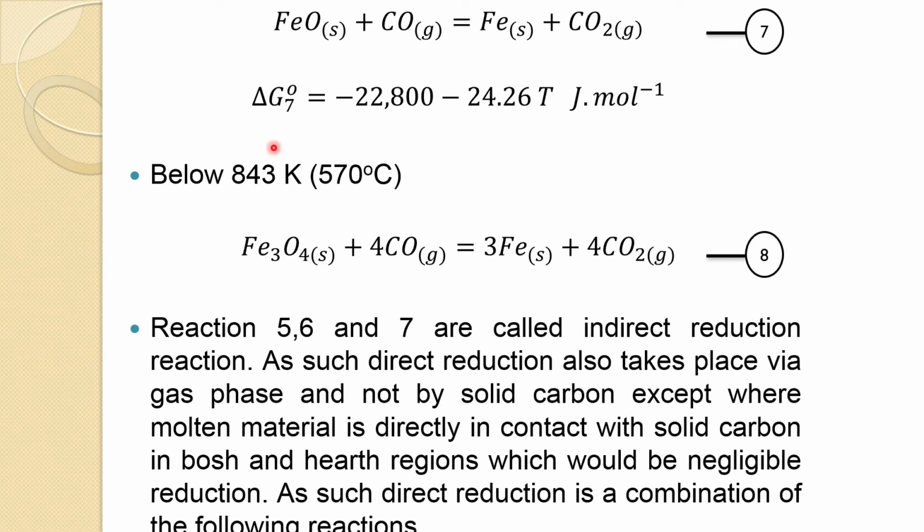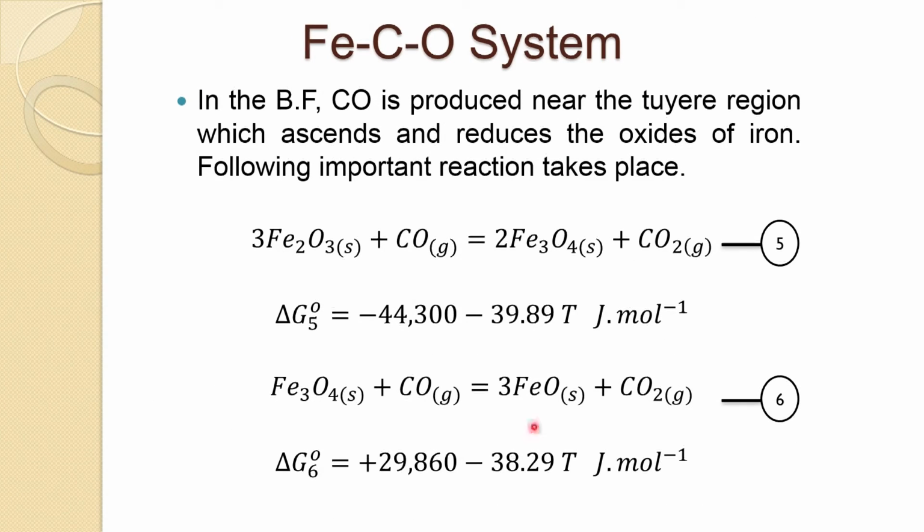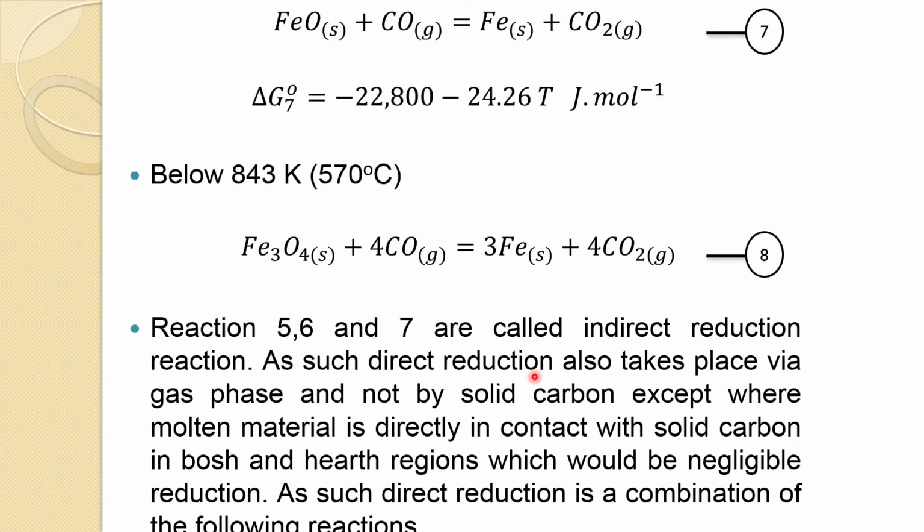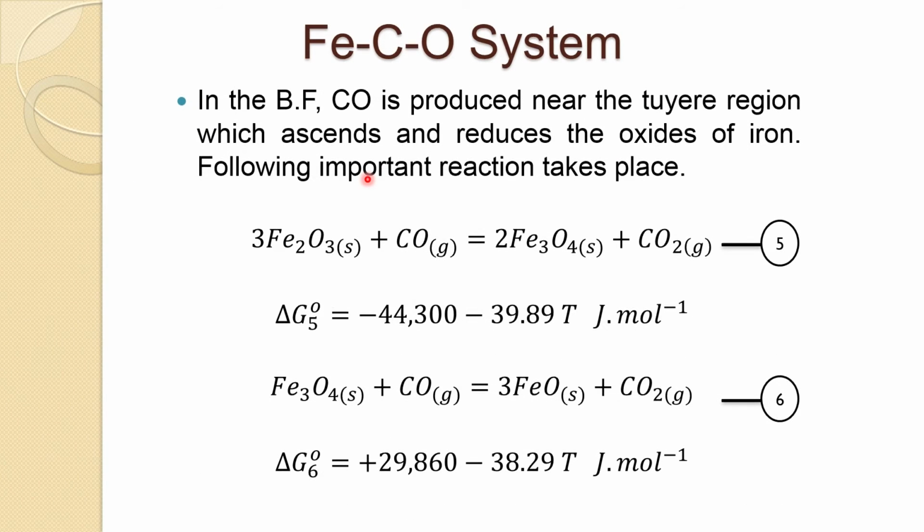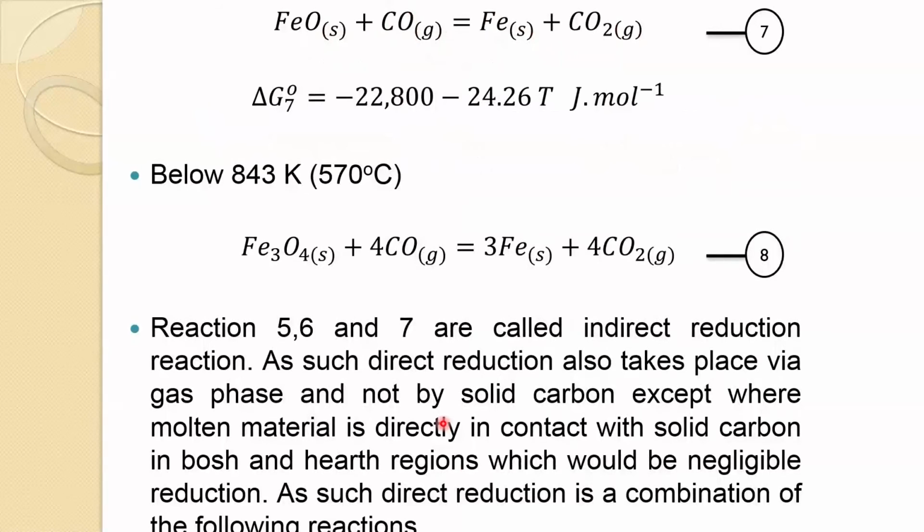But the FeO which has formed must be formed above 570 degrees Celsius, otherwise, if it is formed below that temperature, it will dissociate as we discussed before, because it is not stable, and it will form iron and CO2.